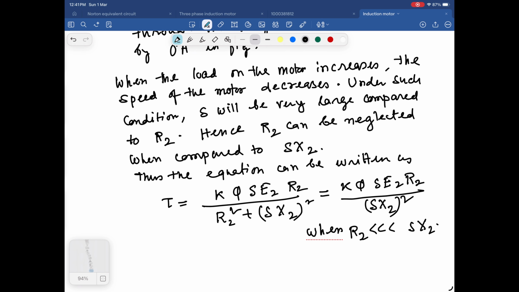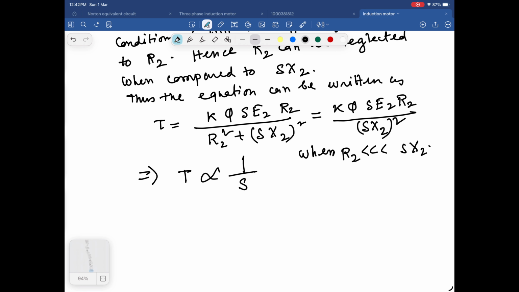As in the numerator there is S and in the denominator there is S square, so 1 upon S is there. Other things are constant, K phi E2 R2. So I can write torque is proportional to 1 upon S, inversely proportional. So when slip increases, torque decreases.